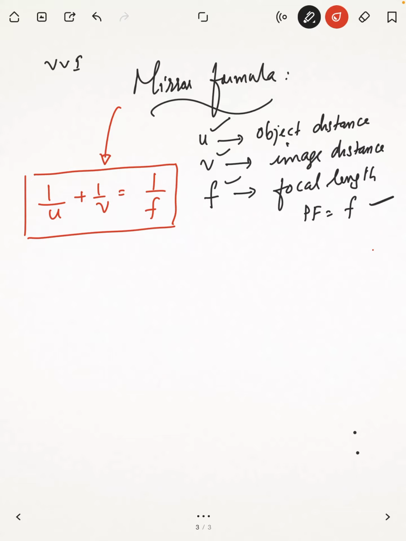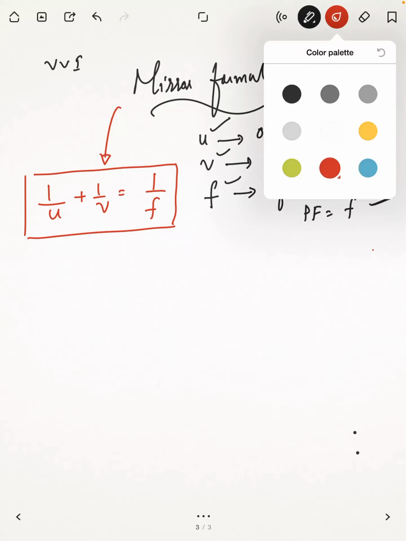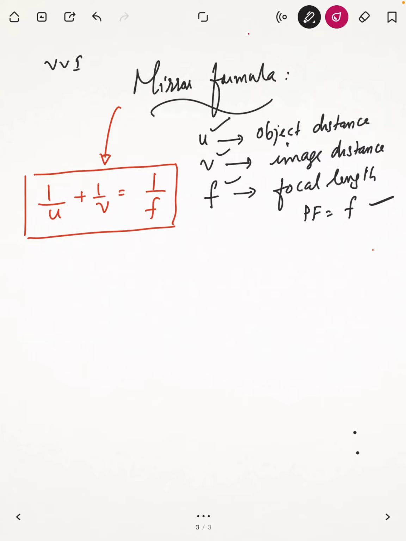Mirror formula. What is mirror formula? It's a relation involving object distance U, image distance V, and focal length F of a mirror, and it is given by the equation 1 by U plus 1 by V is equal to 1 by F. And this equation is valid for all the kinds of mirrors.